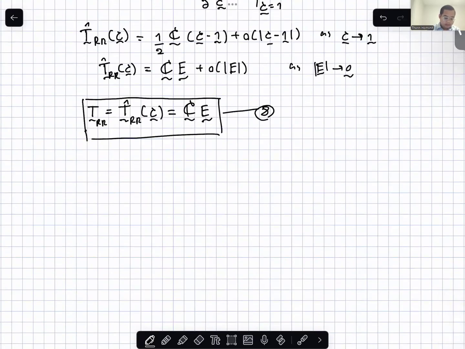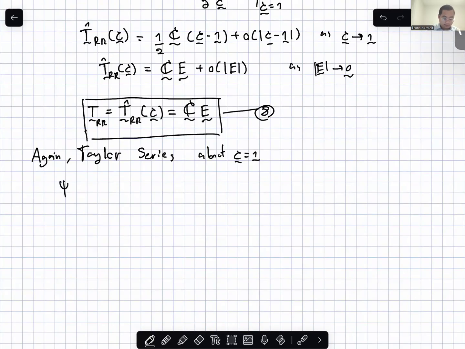Again, we take the Taylor series expansion. We apply the Taylor series to the free energy function about C equal to identity. Again, it's just the same process that we did for the stress.